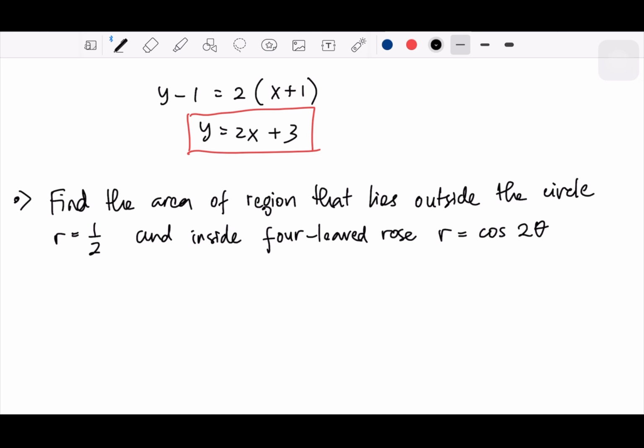Remember that if you have the rose curve like this, it has symmetry, right? So you can go from 0 to something, and then multiply by the number of petals, the number of areas.